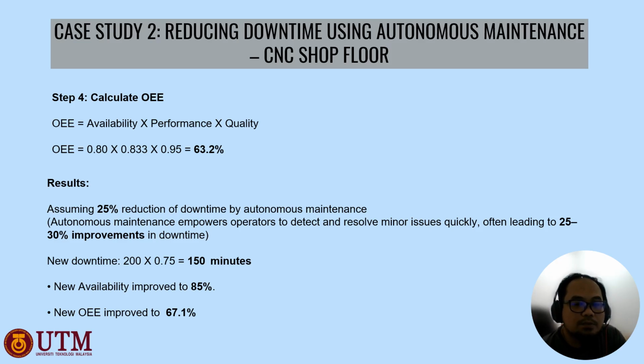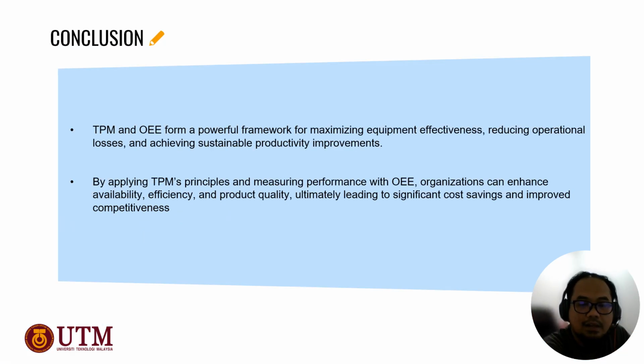So since we assume a 25% reduction of downtime, we will get a new downtime of about 150 minutes. Based on this new downtime, we will have a new availability which improved to 85% and the new OEE also improved to 67.1%.